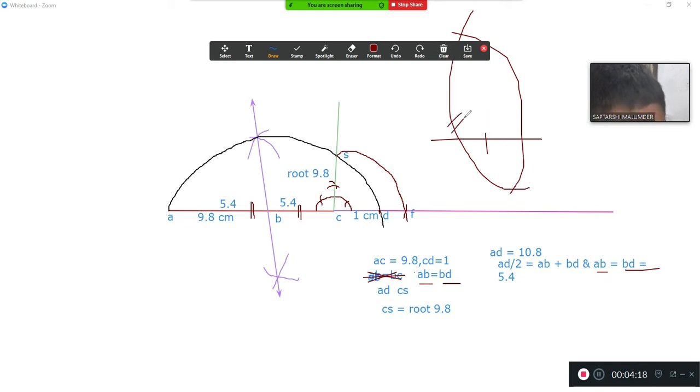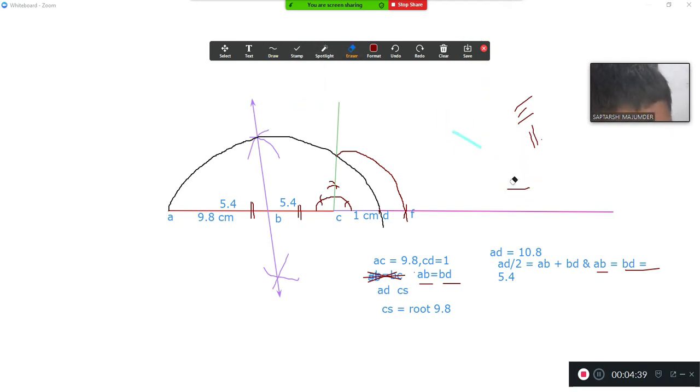This arc and this arc will cut each other. So this cutting at these two points, if you join, this line will be divided into two equal halves. So by this process, a line is to be divided into two halves by geometrical means.